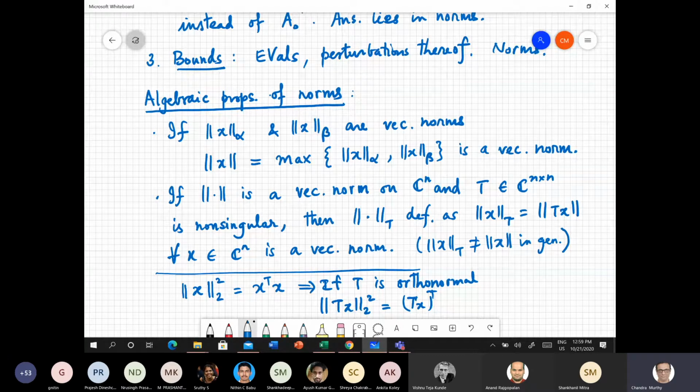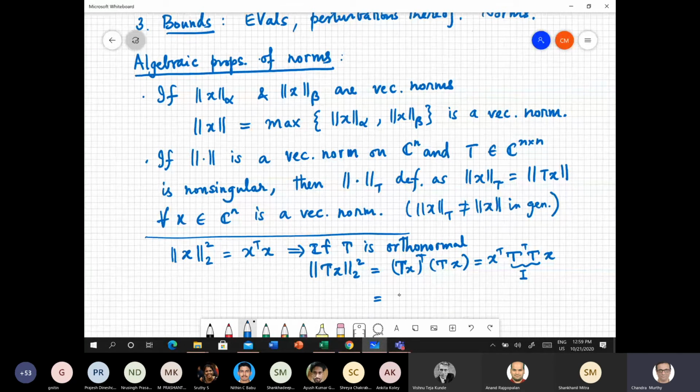So this is Tx transpose Tx, which is equal to x transpose T transpose Tx. And T transpose T is the identity matrix for an orthonormal matrix. And so this is equal to x transpose x, which is equal to the L2 norm of x squared. But for other norms, you can't write it like this. And so it's not true that it preserves other norms.